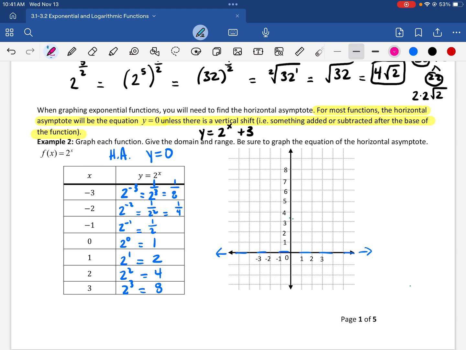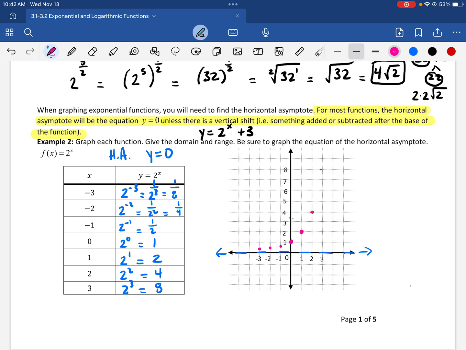Some of these are really small, so we're just going to have to do a little bit of approximating here. So we have negative 3 and 1/8. We'll say about right there. Negative 2 and 1/4, just a little bit higher. Negative 1 and 1/2. Then 0, 1. 1, 2. 2, 4.